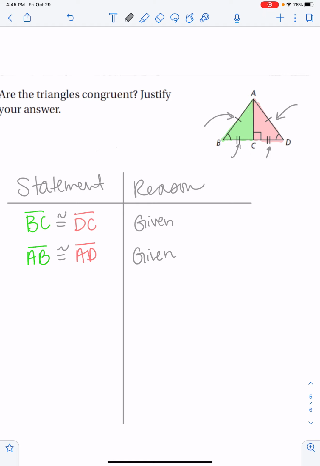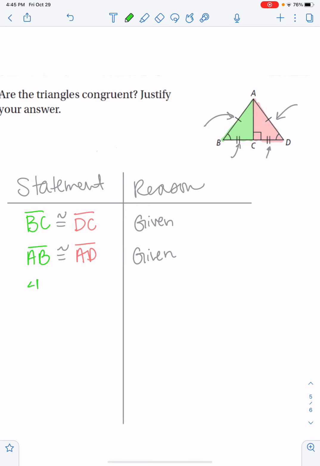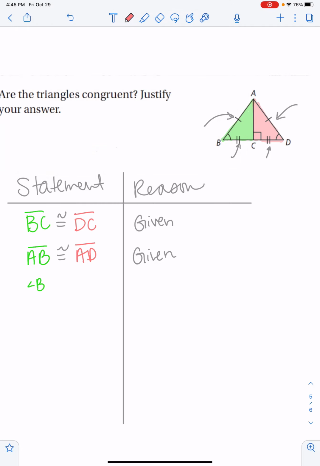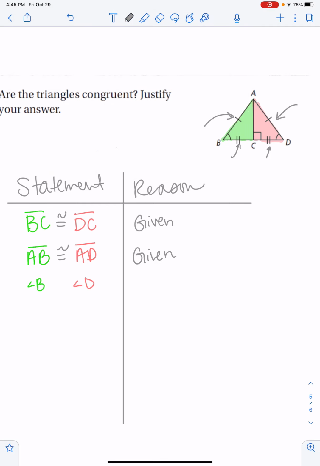We have angle B is given. Angle B matches with angle D, and that is because of those angles right there. So those are the same, are congruent, and that is given.